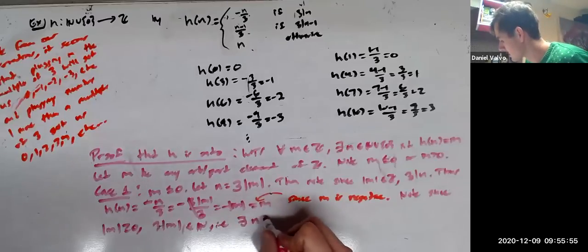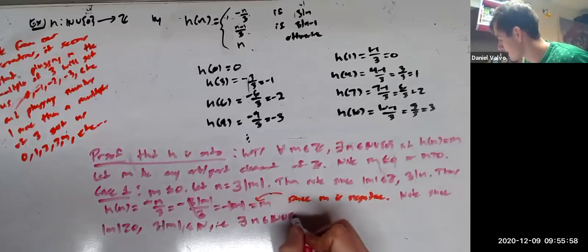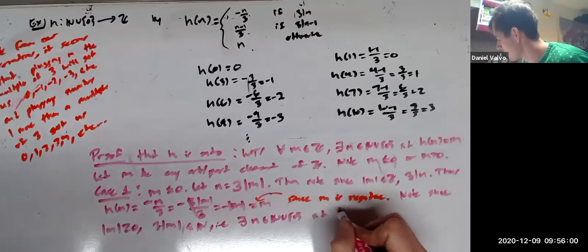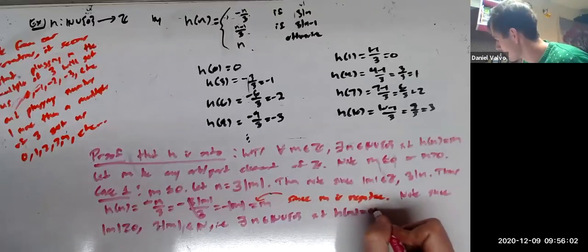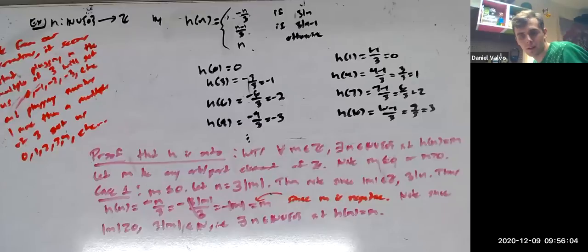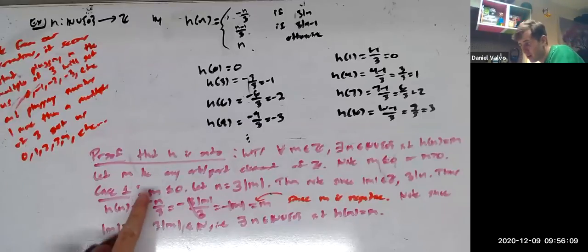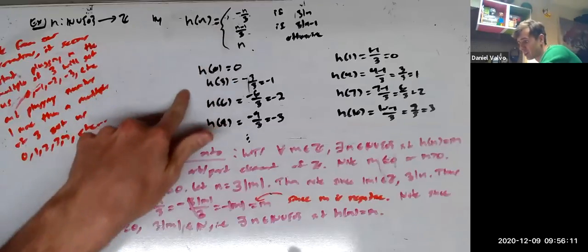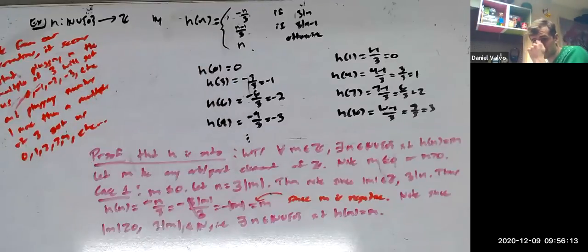I.e., there exists an n in the natural numbers union 0, such that h of n equals m. So if m is less than or equal to 0, we can use the multiples of 3 to get us exactly what we want.